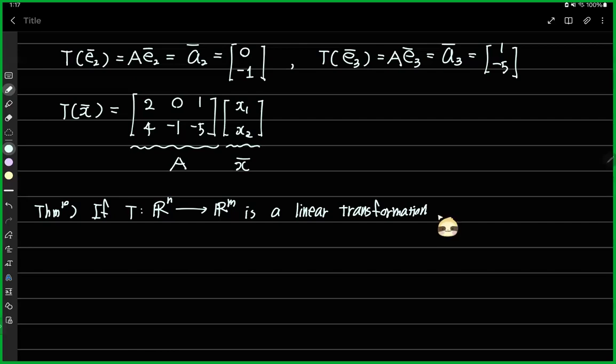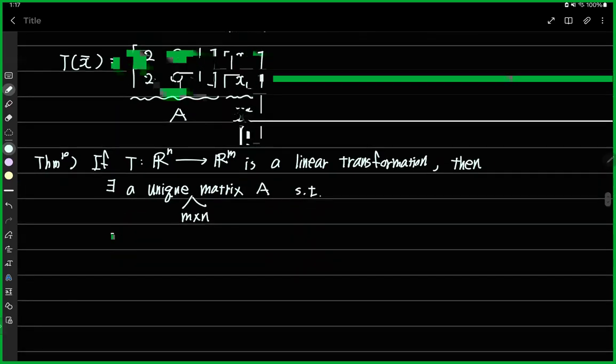Linear transformation, then there exists a unique m by n matrix A such that T of X is equal to AX.